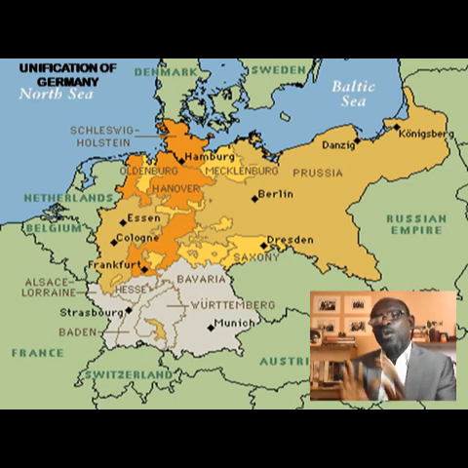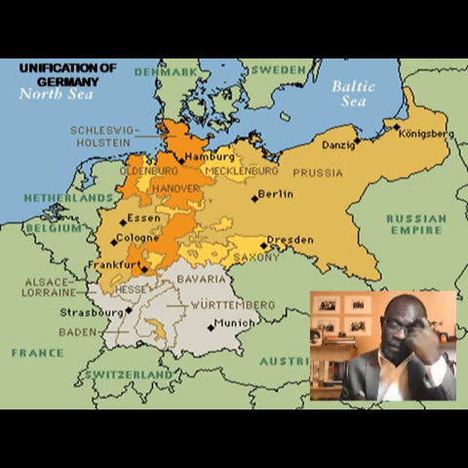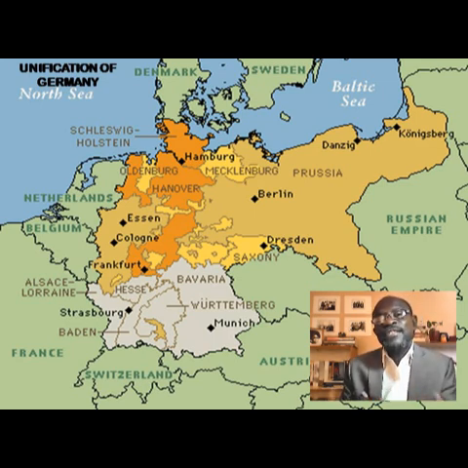So France, number one, would not want the unification of Germany, and number two, the various power plays among the kings and the princes of the various Germanic city-states was also another key factor that would stand against the unification of Germany. Now, these were two very important factors that militated against the unification of Germany.